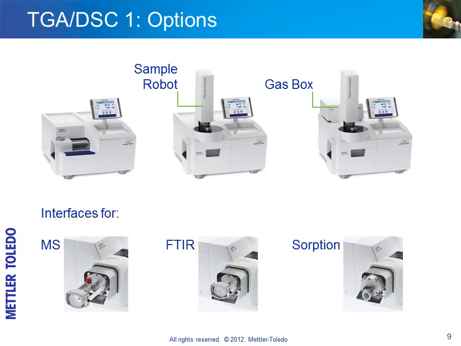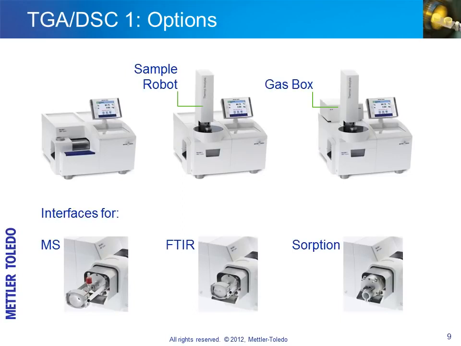All TGA DSC-1 instruments can be connected online to a mass spectrometer or a Fourier transform infrared spectrometer to analyze gaseous decomposition products. This technique is known as evolved gas analysis and yields additional information about the sample and so enables you to interpret measurement curves with greater certainty.